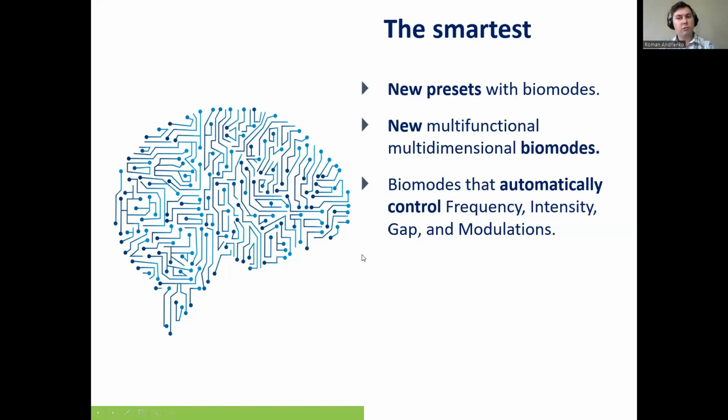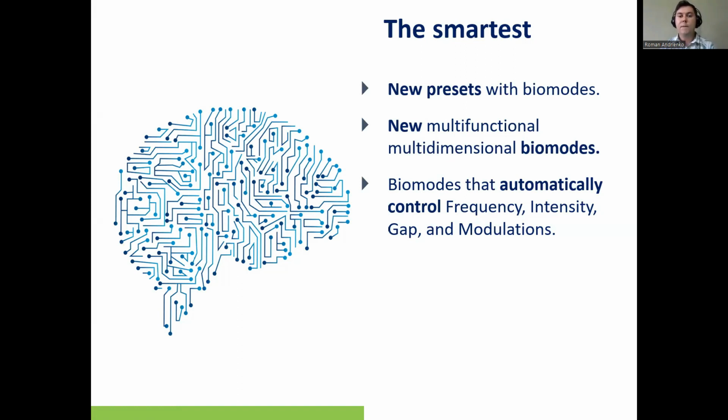So why do we call Scenar the smartest? Because it has presets. And what's so special about them? Because 24 out of 31 presets in a professional Scenar device are presets with bio modes. We'll talk about this a little bit later.